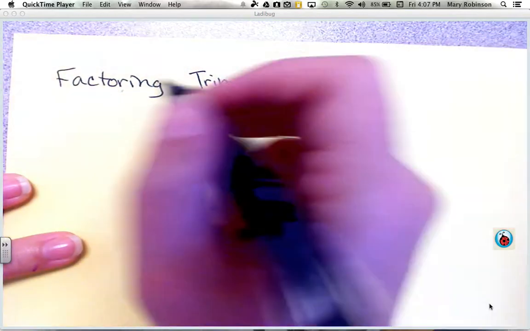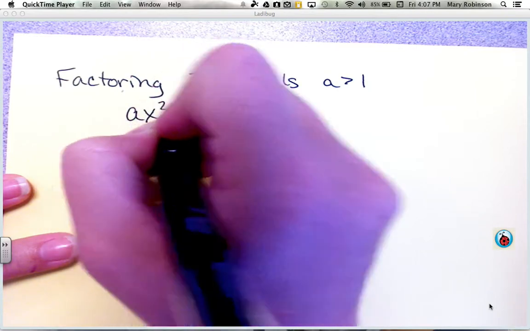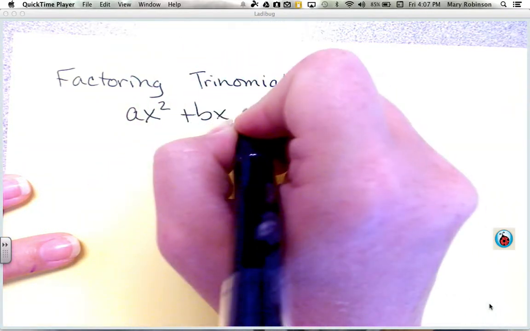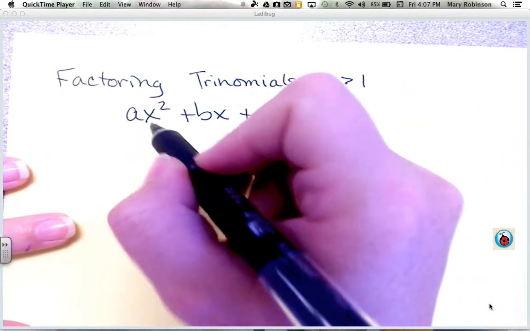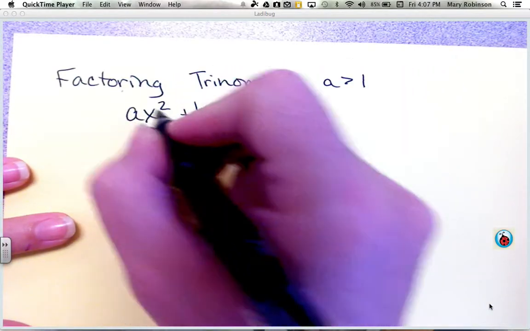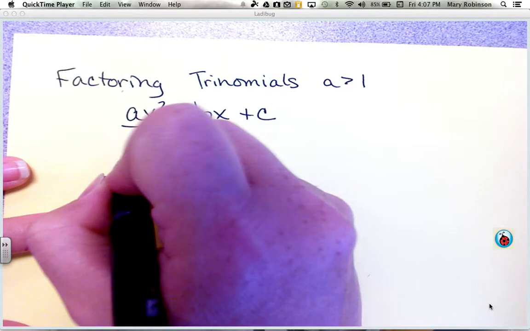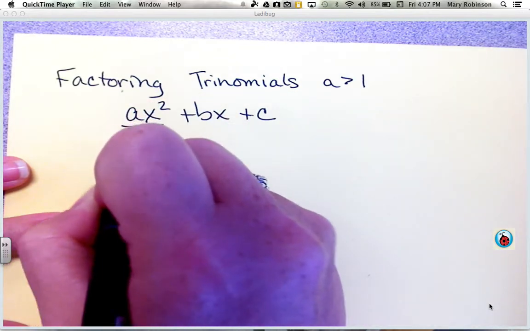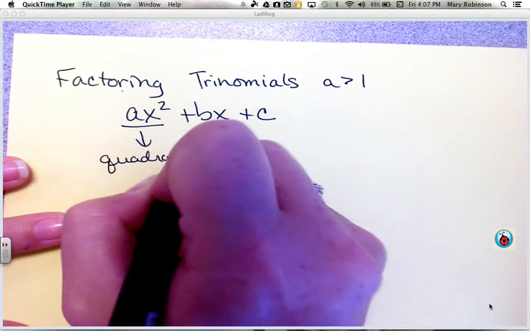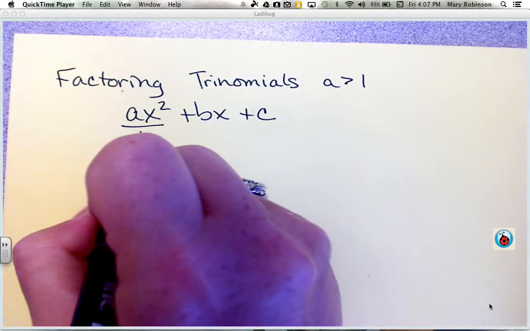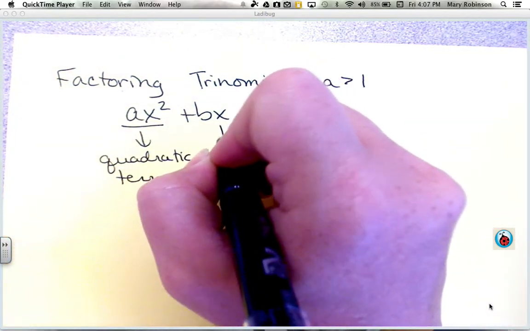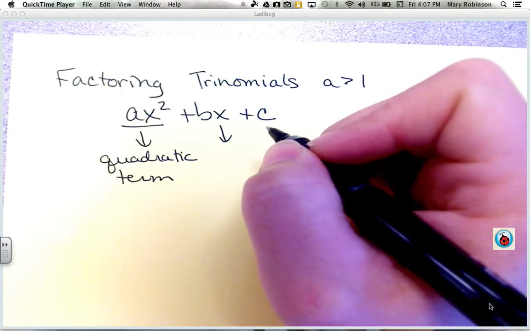Recall that we have been factoring quadratic expressions, where by quadratic we mean that the highest degree is a term squared. So remember that this term is known as our quadratic term. This term would be known as our linear term.